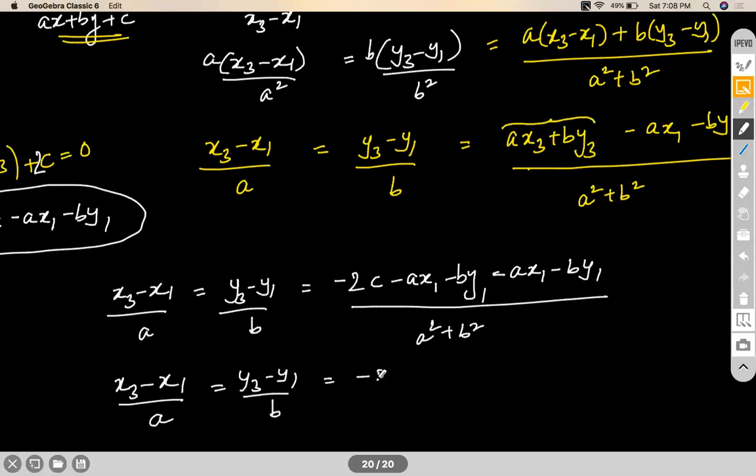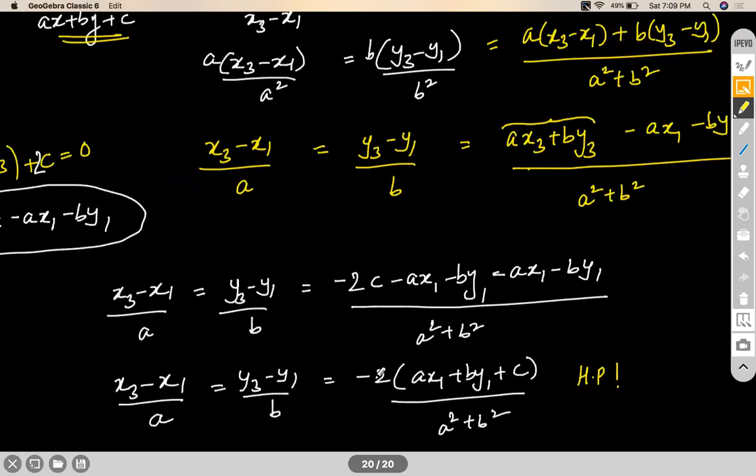So this will give me minus 2(ax1 plus by1 plus c) by a square plus b square. And this is the formula that I had given you in the previous page. So this is true. Both the formulas are quite resembling. In one, you don't have this 2. In the foot of the perpendicular, this 2 is absent. And in the image, this 2 is present.